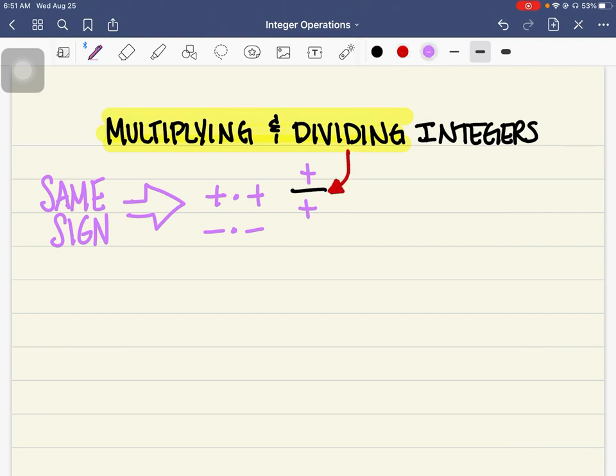So it could be a positive divided by a positive, or a negative divided by a negative. These are our dividing right here. And then multiplication is these dots right here. So that's multiplication.